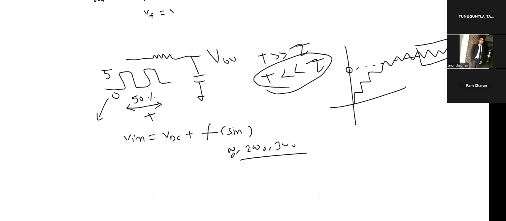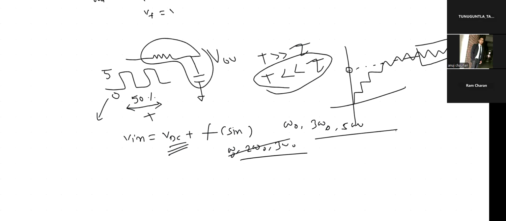If I extract the DC, it will have odd harmonics like omega naught, 3 omega naught, 5 omega naught. Depending on the cut-in frequency of the low-pass filter, which is 1 upon RC, after that it will block completely, and before that it will pass the frequency. So hopefully this DC plus some sinusoids are coming in the range of my low-pass filter.